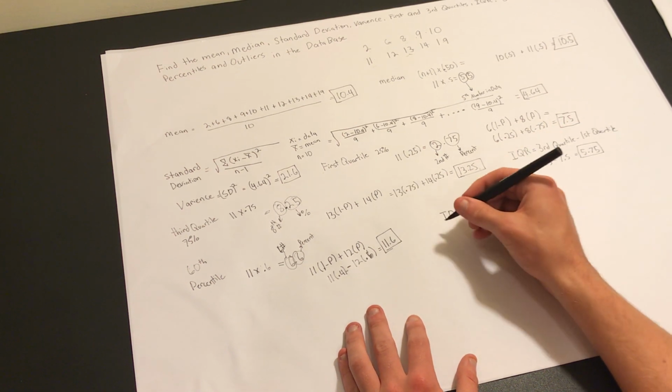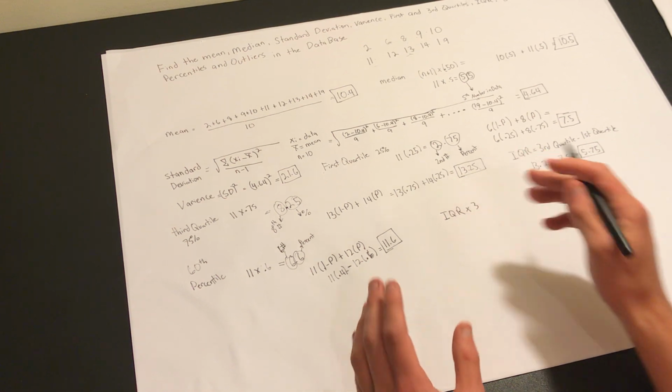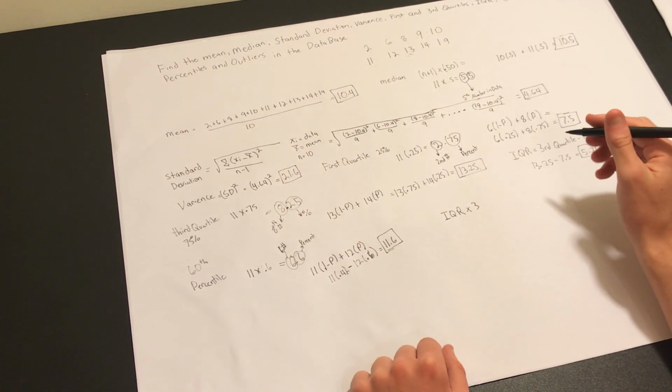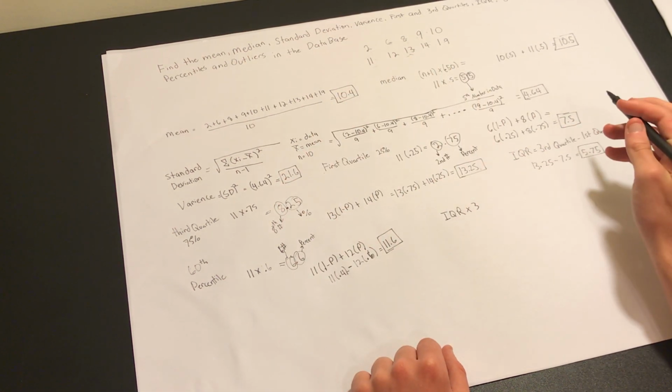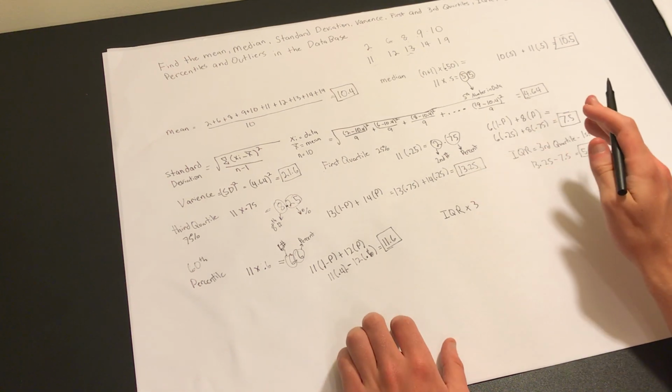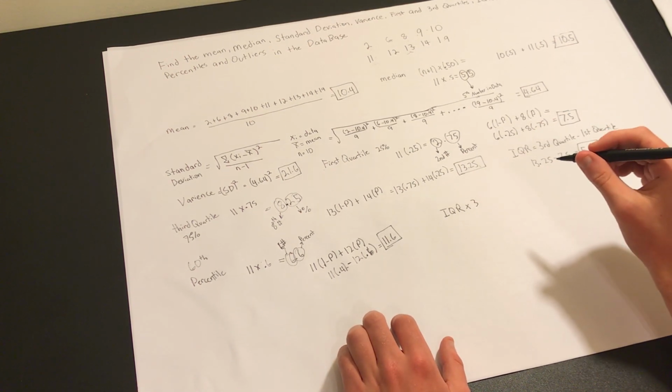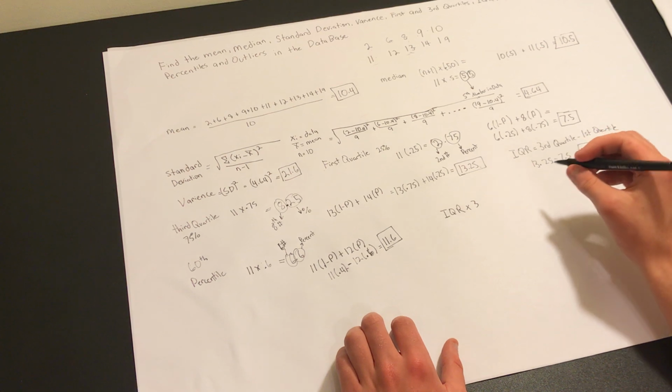So what you're going to look for is the two bounds that data should fall in, and if data doesn't fall in these bounds, then it's going to be an outlier.